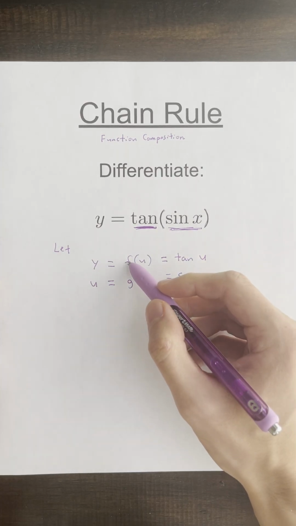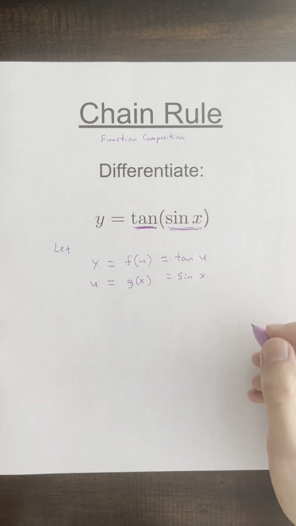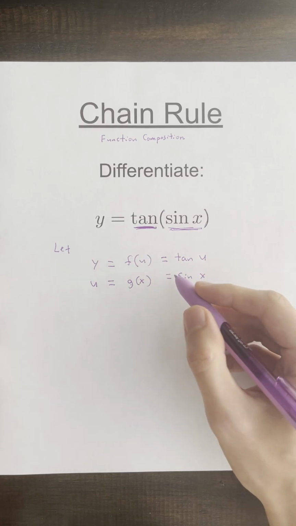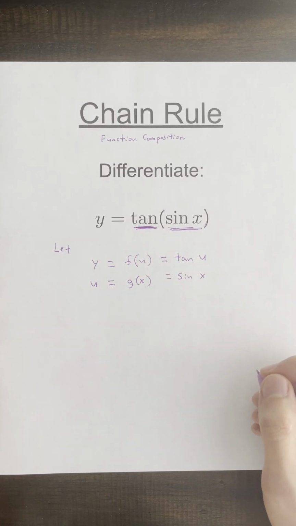So why am I using f and g? Well, what would happen if I went to this equation and I changed all the u's to g of x's? What would I get?